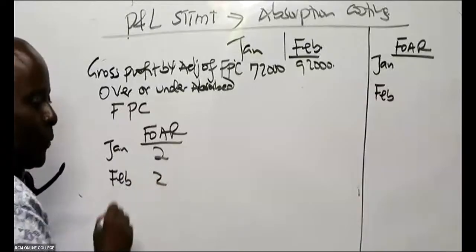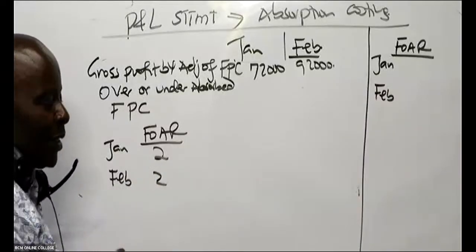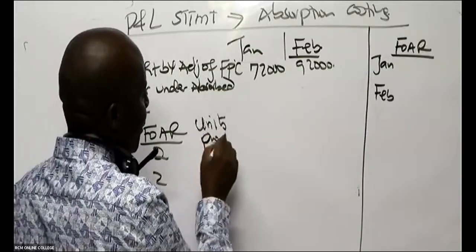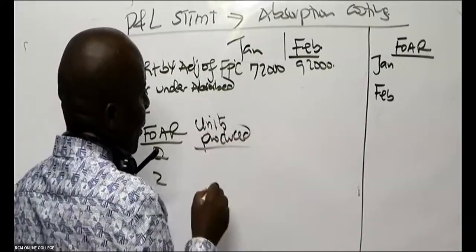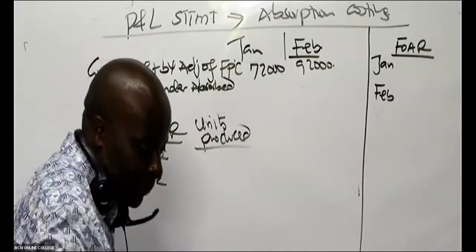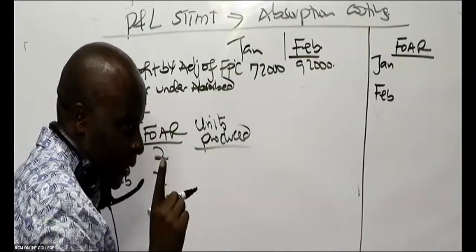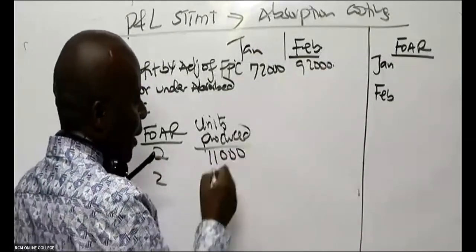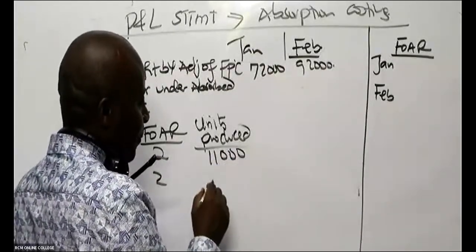You got 2. Do you remember that? Give me the units produced in the period. In January we produced how many units? 11,000, isn't it? February we produced how many units?